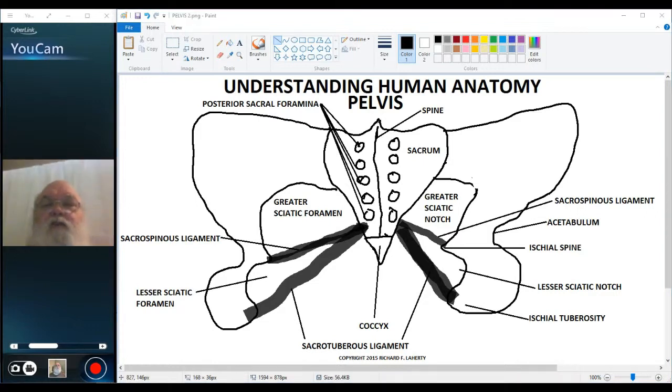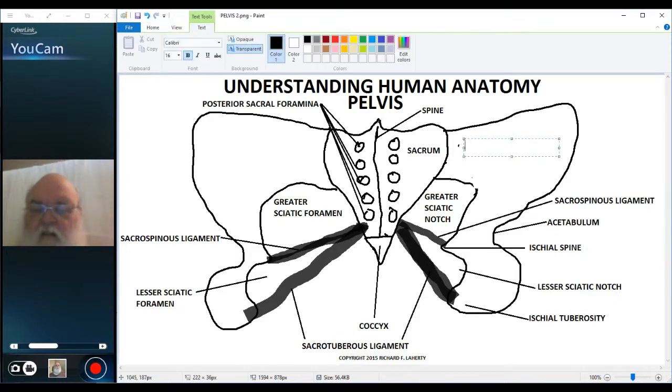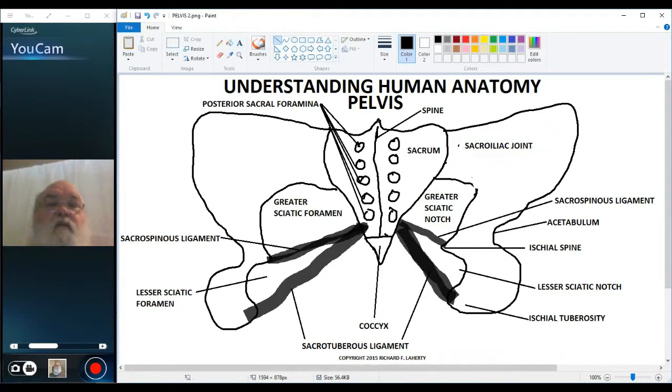Now, I want to mention a couple of words about the joint between the sacrum and the ilium. This is the sacroiliac joint. And this is the joint right here.